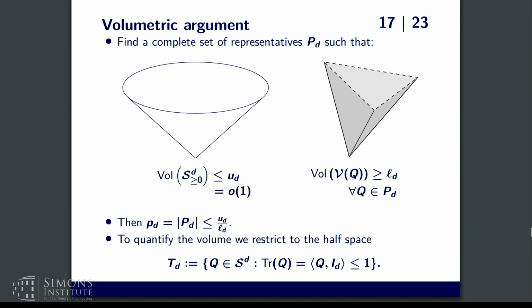And of course, these cones are infinite, so we can't just talk about volume. So for this we put a cap on them. We restrict ourselves to the following half space, where we bound the trace by 1, which is nothing more than this flat cap. If we do that, then we don't have to worry about the volume of this cone. It's totally small.